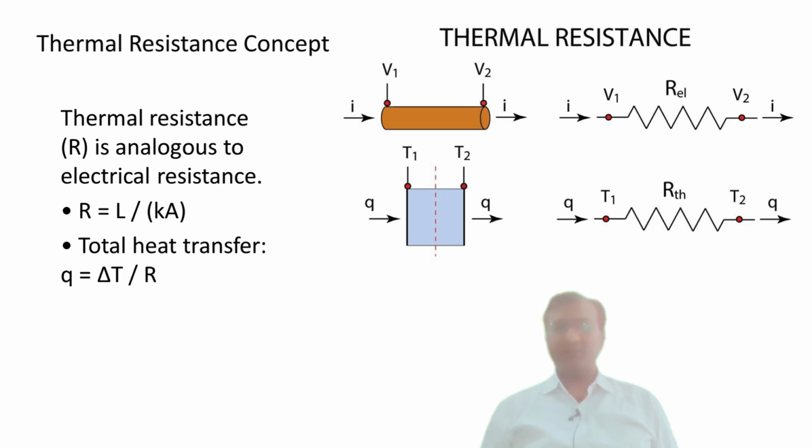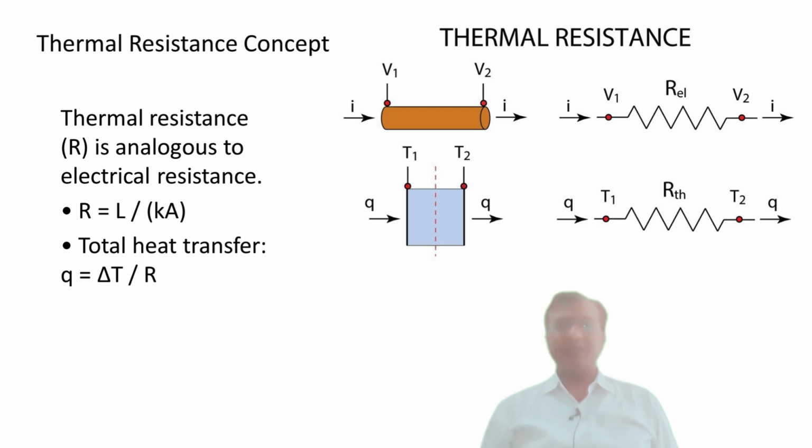High thermal resistance caused by a thick wall or low conductivity material reduces heat flow, which is why insulation is effective. For example, adding fiberglass insulation to a wall increases its thermal resistance, keeping the building warmer in winter.